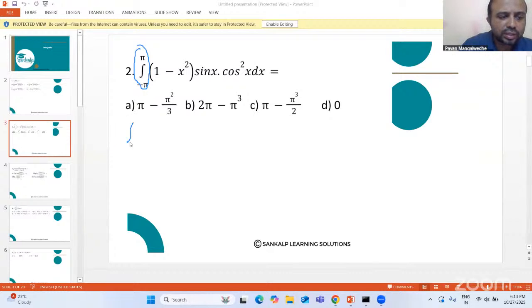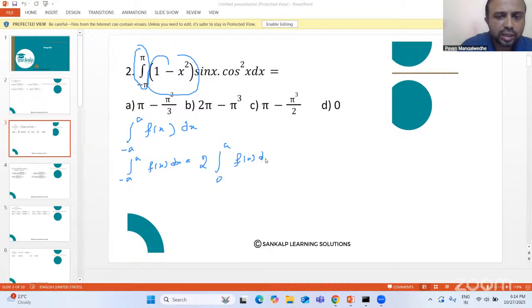If you take the general form of this, it is just minus a to a, and this whole expression you can treat as f of x dx. Then the clear solution is that the integral from minus a to a of f of x dx is 2 times the integral from 0 to a of f of x dx.